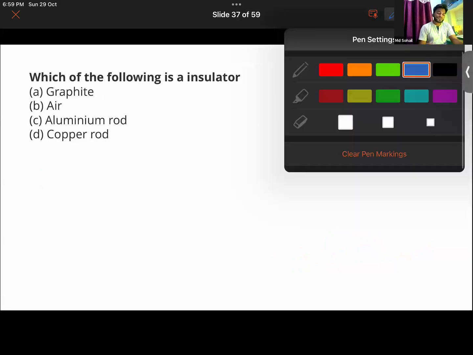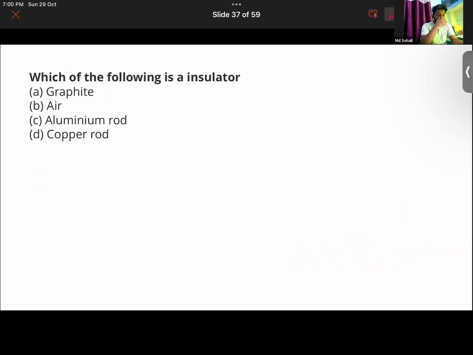Now have a look at some of the substances here and say which one is an insulator. The question is to both of you. Read the question: which of the following is the insulator?